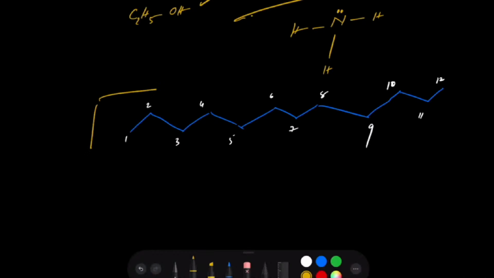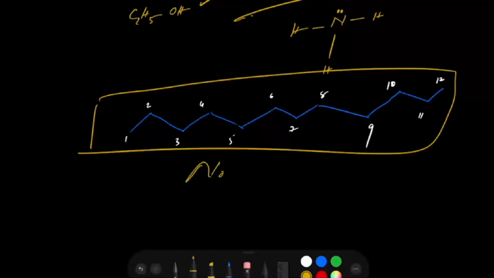Because this is non-polar. Why non-polar? Because all carbon-carbon bonds are there, so there is no electronegativity difference, so it will not have any partial positive and negative charges. And the electronegativity difference between hydrogen and carbon is also small, 2.1 and 2.5.